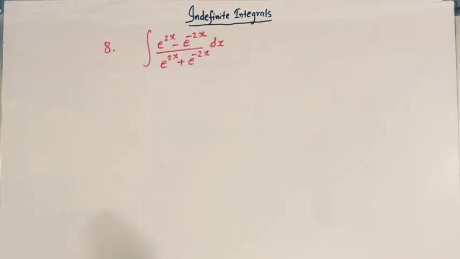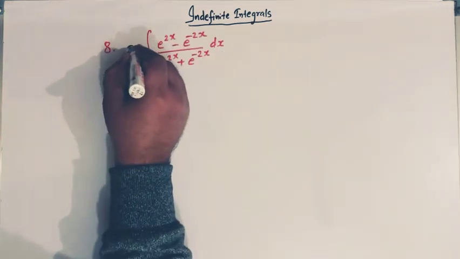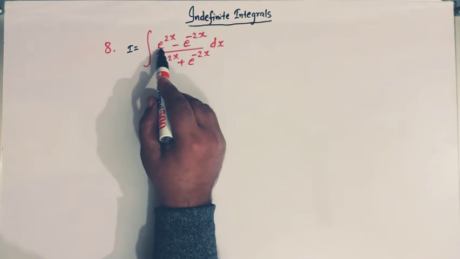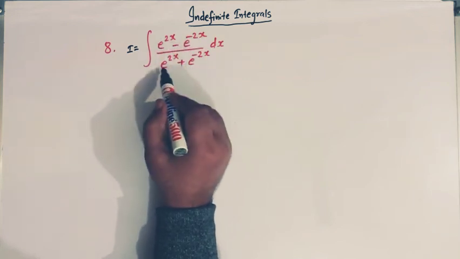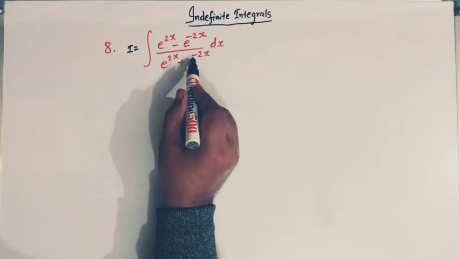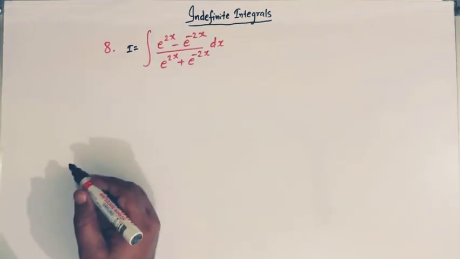Now let us solve this integral. Here we have to integrate (e^(2x) - e^(-2x)) divided by (e^(2x) + e^(-2x)).